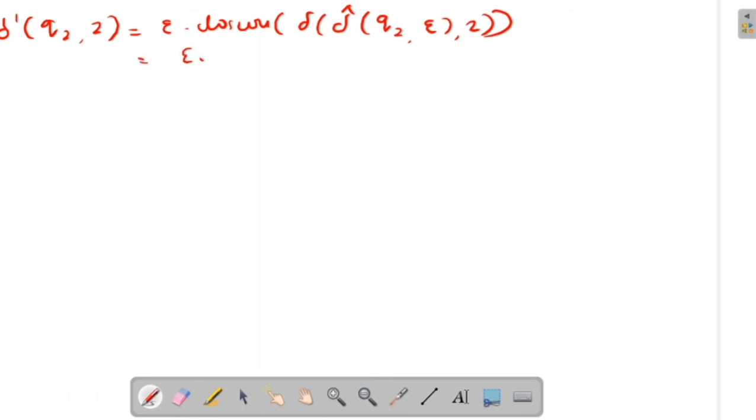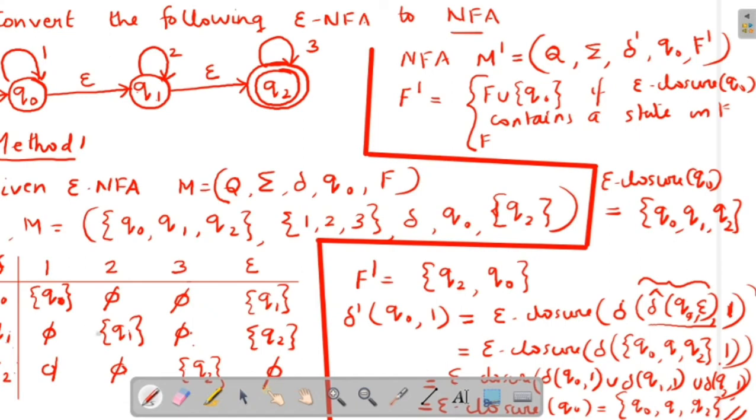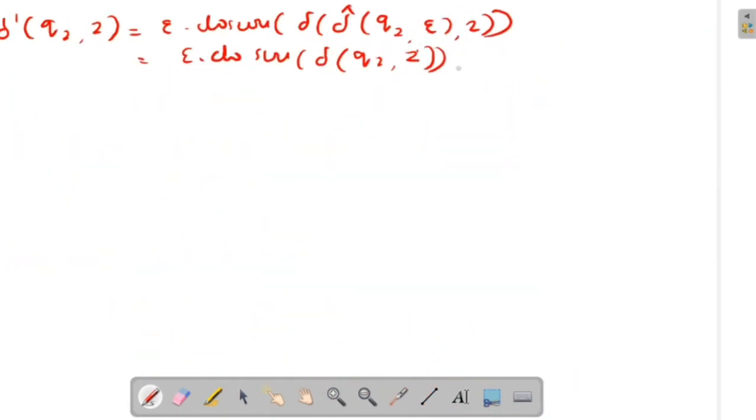That is equal to epsilon closure of delta of, this is epsilon closure of Q2, that is Q2 comma 2. What is delta of Q2 comma 2? Q2 comma 2 is null set. So here it is epsilon closure of null set, which is equal to null set, right?